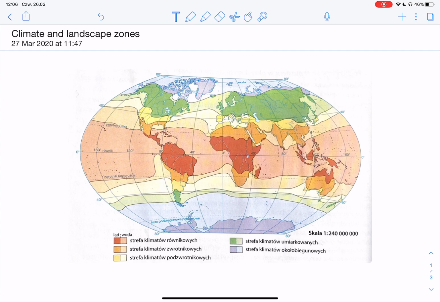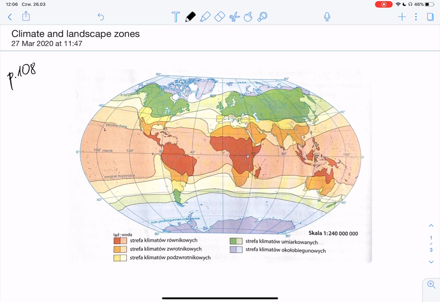And guys, today I want you to take a look at this map. It's a picture I took of a map that you have in your textbook on page 108. And this presents so-called climatic zones of Earth.